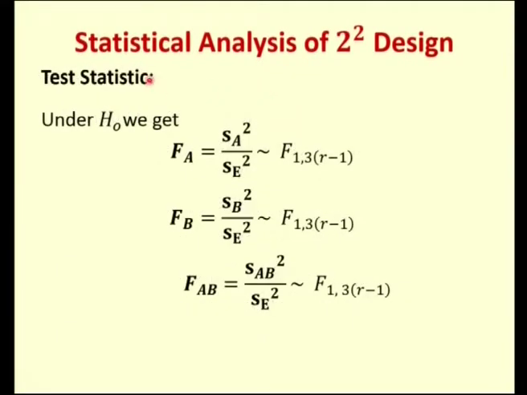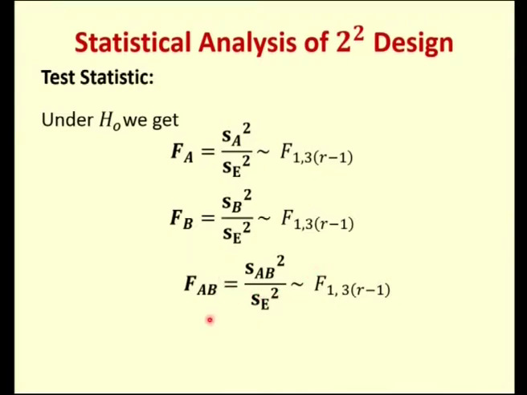To test the null hypothesis against the alternative hypothesis, we have the test statistic F_A equal to s_A squared by s_E squared, which follows an F distribution with 1 and 3(r - 1) degrees of freedom. For factor B, the test statistic is s_B squared by s_E squared, with an F distribution of 1 and 3(r - 1) degrees of freedom.